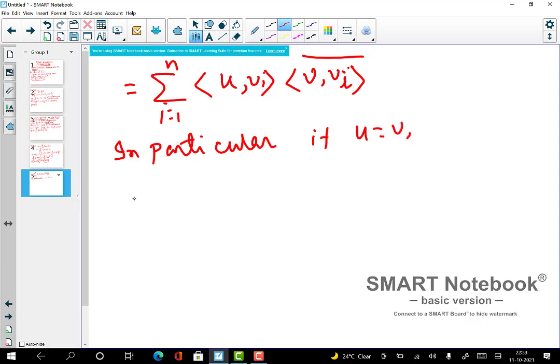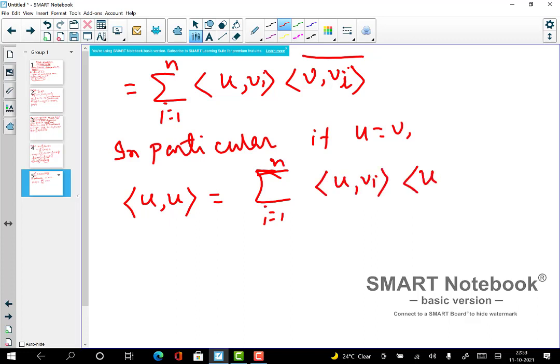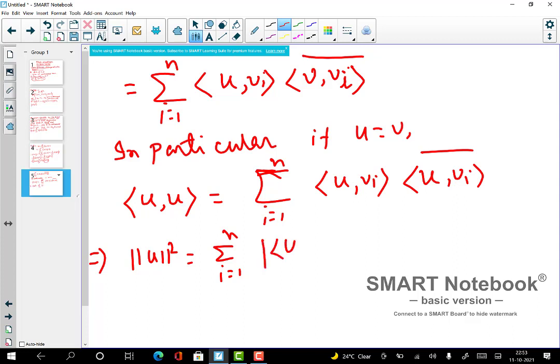Then on the left hand side you will have the inner product of U with U, which is the norm of U whole squared. And on the right hand side you have the summation i equal to 1 to n of the inner product of U with vi, times its conjugate. This is a complex number, and z times z bar is nothing but mod of z squared. So similarly this is the mod of the inner product of U with vi, whole squared.